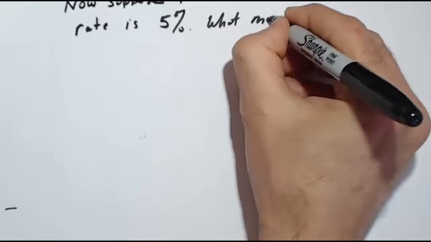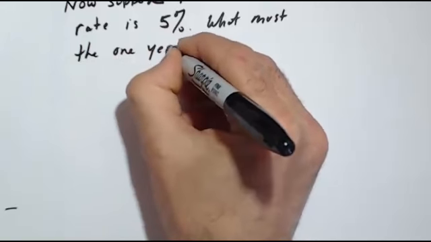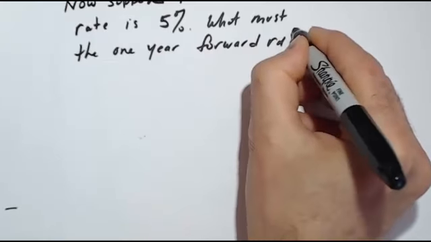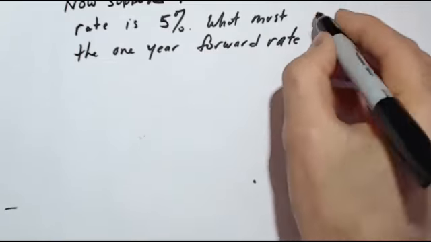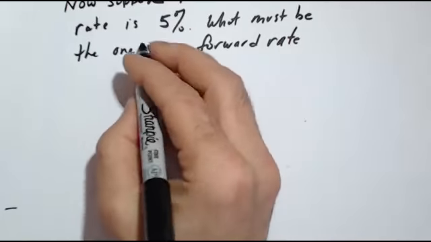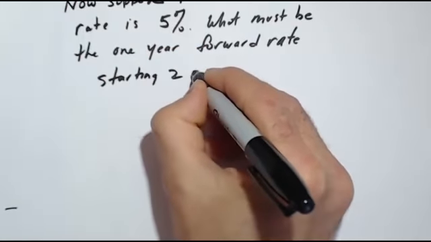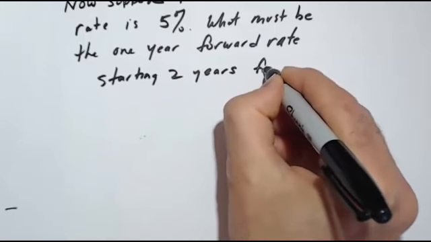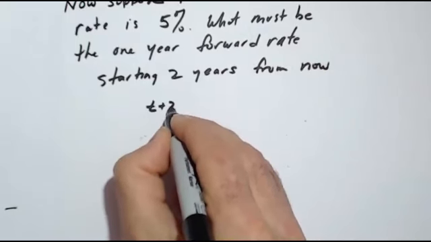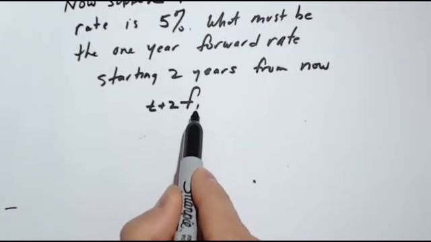What must the 1 year forward rate starting 2 years from now be? In other words, T plus 2 F1. That is the interest rate that starts 2 years from now and covers 1 year.